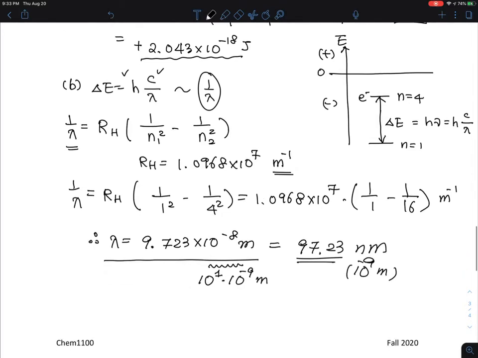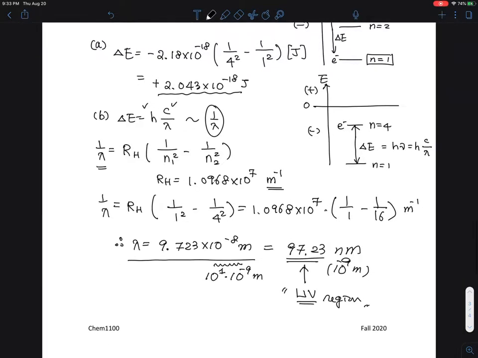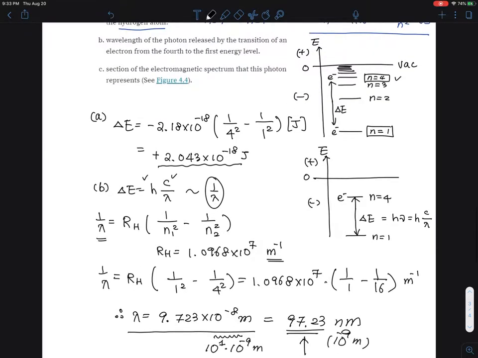This is essentially the ultraviolet, UV, region if you look at the table of the electromagnetic spectrum. So the answer for the third portion, the section on the electromagnetic spectrum, is UV. The figure has to be provided, and you can also look at the figures in the textbook.